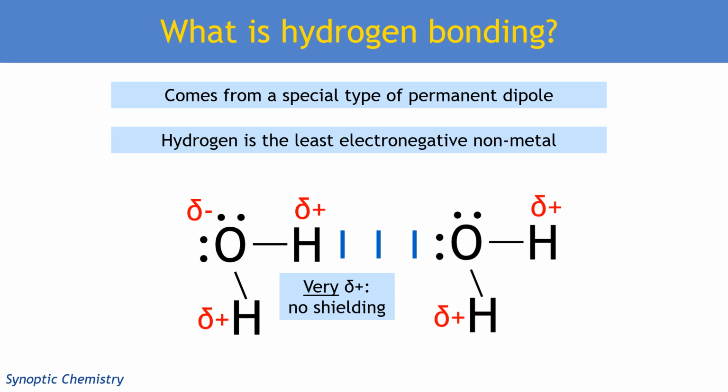So hydrogen bonds have around 5 to 10% the strength of a covalent bond, and that is very significantly strong compared to other intermolecular forces such as instantaneous induced dipoles or London forces, van der Waals, they're all the same thing, or normal permanent dipoles.